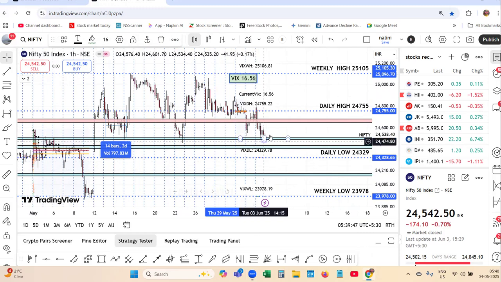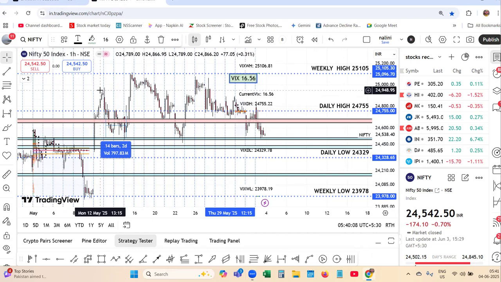So let us analyze the market. What has happened in the market is within the range, from 24,500 to 25,079.90. How many times has it popped up?